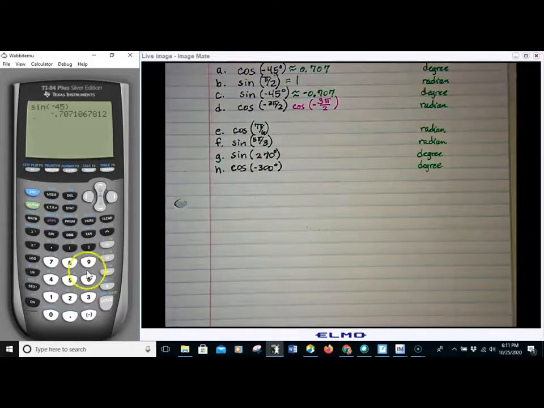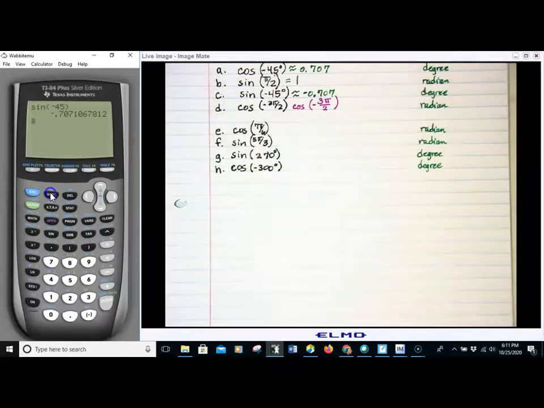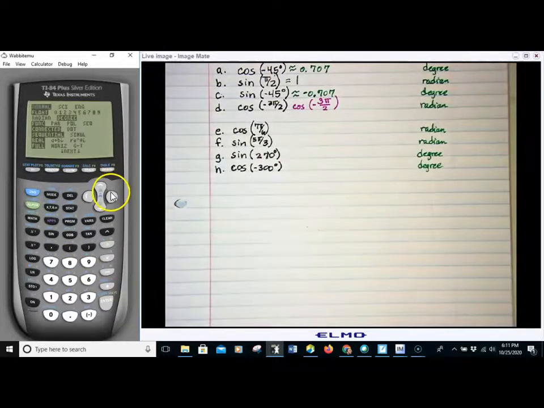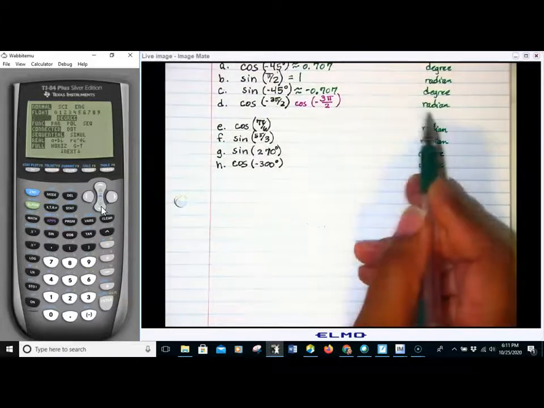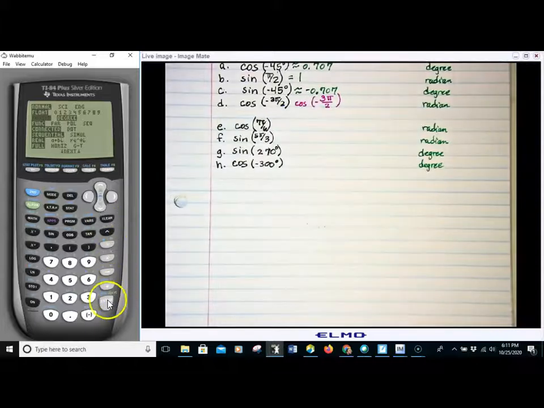All right, and then let's go ahead and go with our radian mode. So we're going to hit mode, go back down, and deal with radians because that's radian mode right here. So we hit radian and click enter to highlight radian. We do second quit, and we're going to put cosine negative.